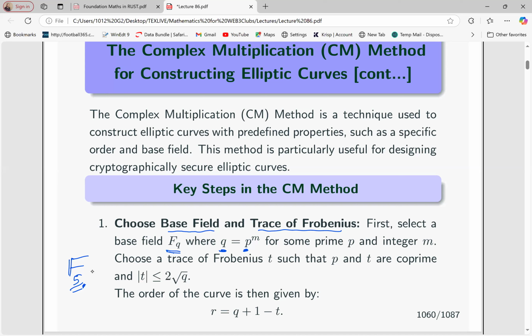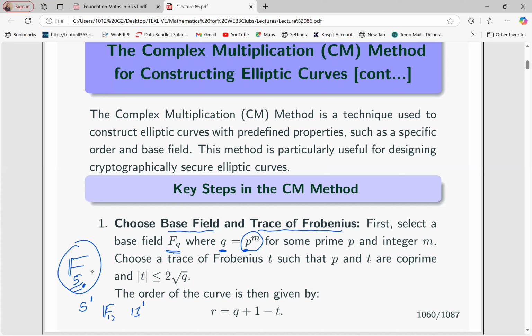So your Q must be written in the form of a prime number P raised to M. M is any integer, but P must be prime. So for instance, in our case, this field can be written in the form 5 raised to 1, where M is 1. You may want a field F13, and again, our P is 13 and our M is 1.